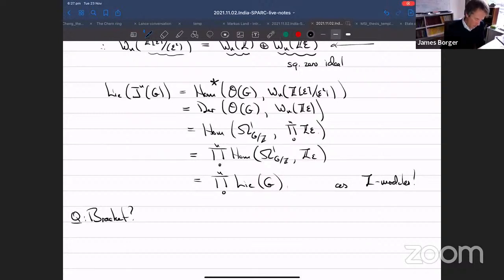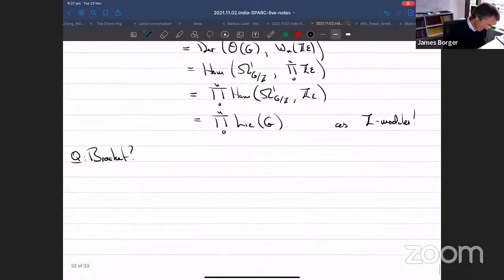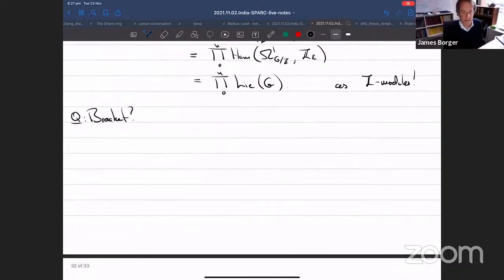And what I claim, so let me just say, since I'm out of time, I could rush through the computation, but I don't think that will help anyone.